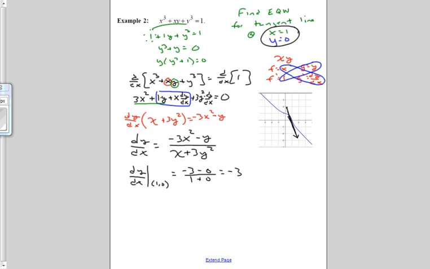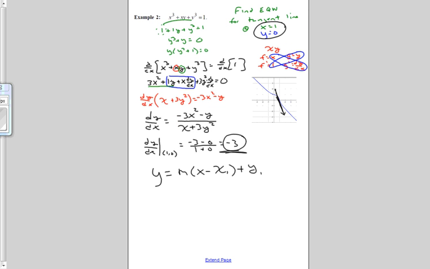But then I need to actually find the equation for the tangent line. This is my slope. The equation for a tangent line is y equals m times (x minus x1) plus y1. And the point that we're looking at is x is 1, y is 0 with a slope of negative 3.